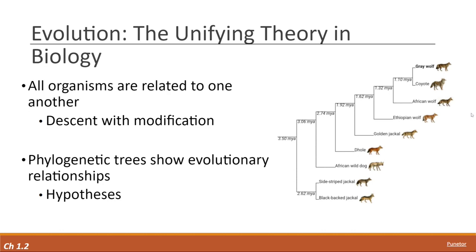this idea that, for instance, in the dog family, here we have a bunch of different types of canines, which are actually closely related. So the gray wolf, the coyote, different types of wolves. Here's a wild dog.